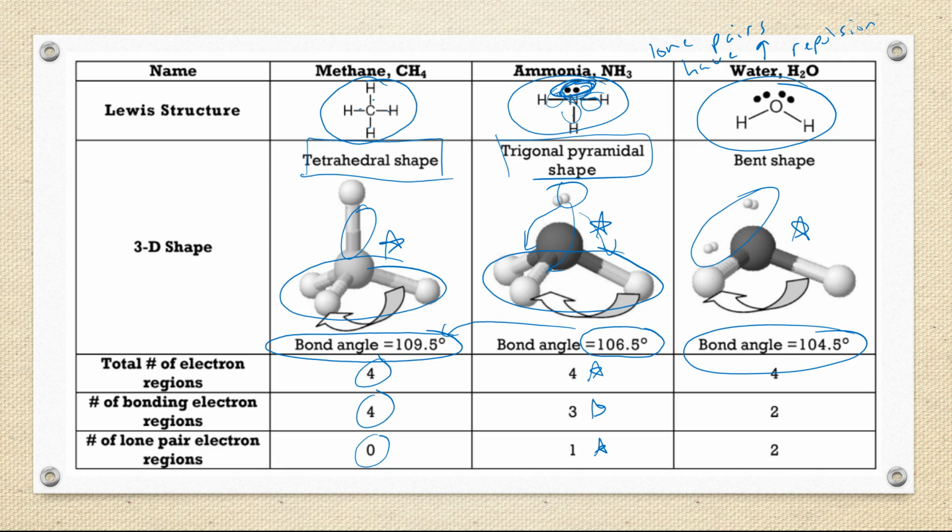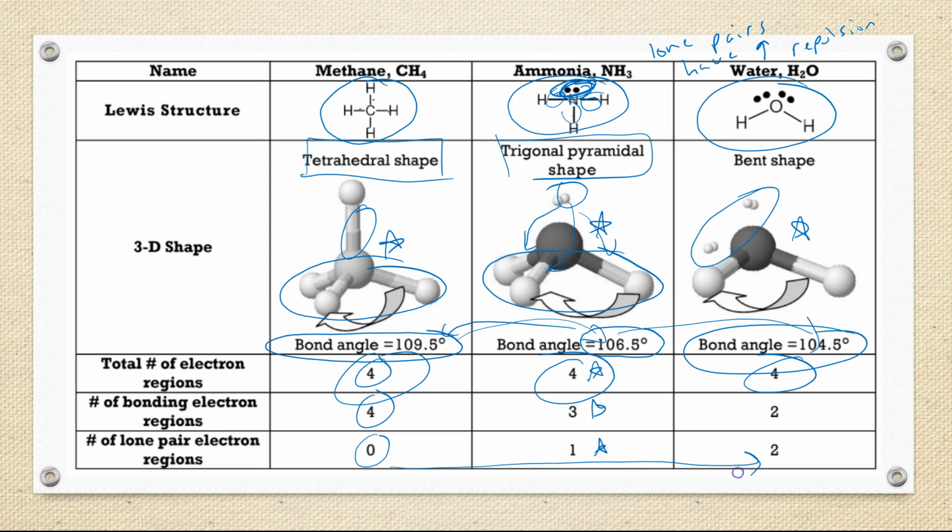Anywhere we have electrons, they're trying to get as far away from the other electron regions as possible. But the lone pairs tend to push a little harder against other electrons than our bonding pairs do, which is why, because all of these have 4 electron regions, as we move to more lone pairs, our bond angle decreases.